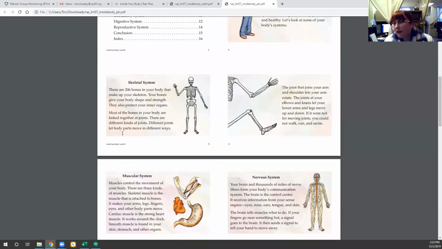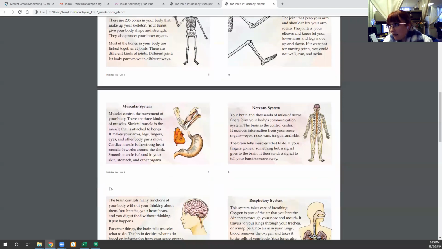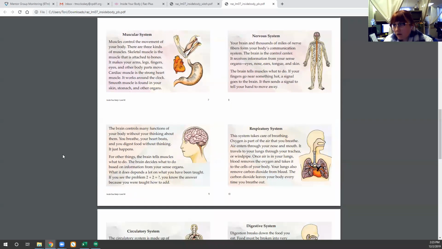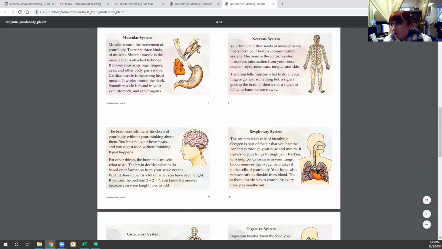Now I'd like you to flip through the book and look at the illustrations and see if those spark any questions. This is odd. This is the muscular system page, and that's definitely an arm. I think that's a heart, and I have absolutely no idea what that thing is.